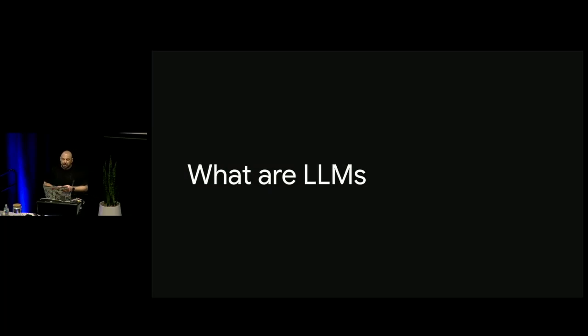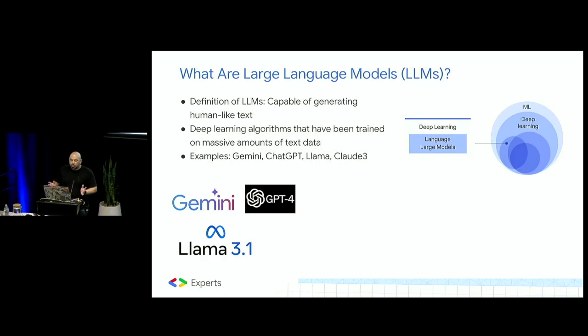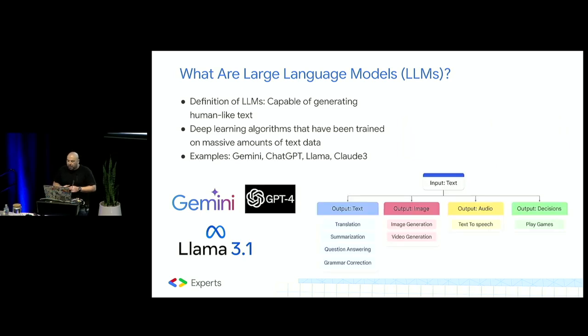And obviously, at the heart of many generative AI applications are large language models. So what are they? Well, they are powerful deep learning algorithms that have been trained on massive amounts of text data. This training allows them to understand and generate human-like text with remarkable accuracy. But unlike traditional AI models that are designed for specific tasks, LLMs are much more general purpose.